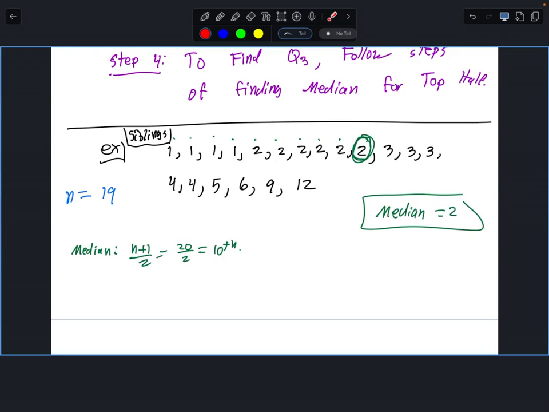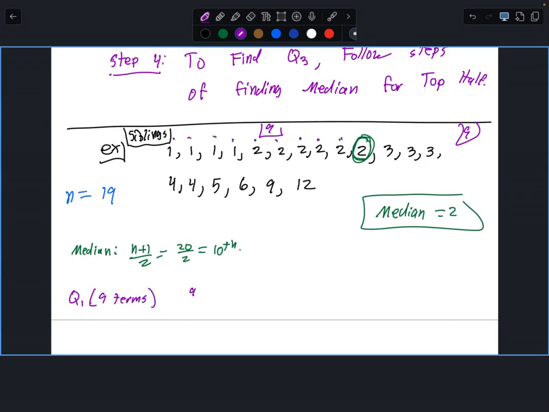Now, how many terms are in the bottom half? 1, 2, 3, 4, 5, 6, 7, 8, 9. There are 9 terms in the bottom half, and how many in the top half, therefore? They're always the same. There's 9 and 9. So we want to do Q1, which has 9 terms.